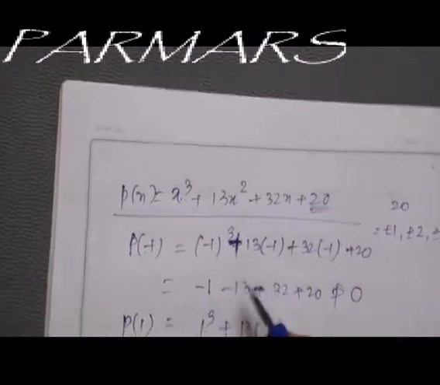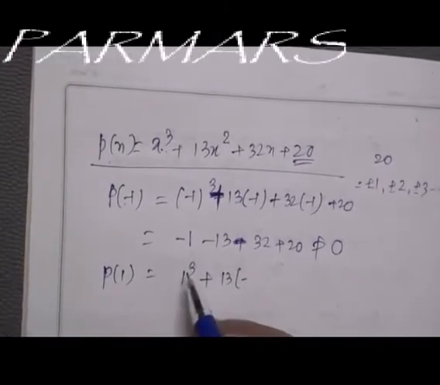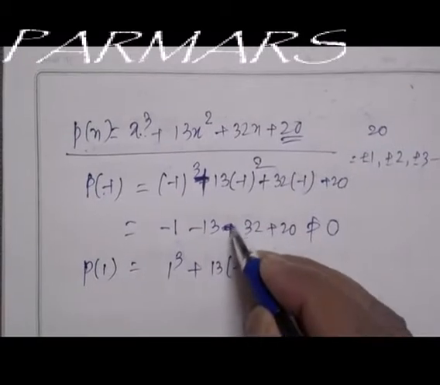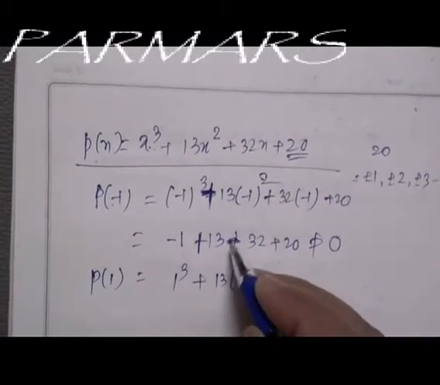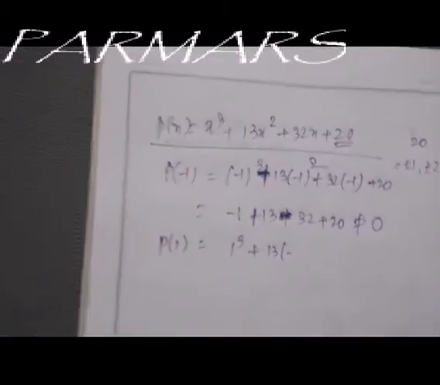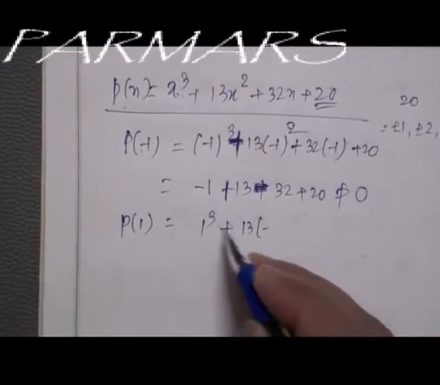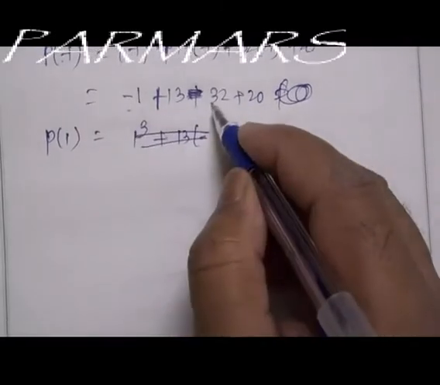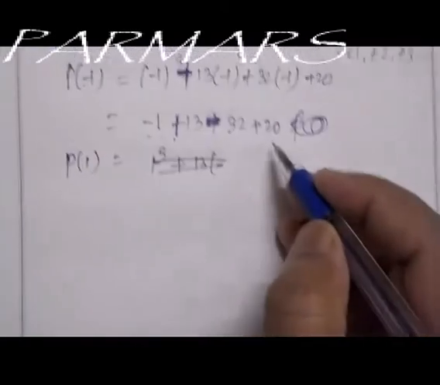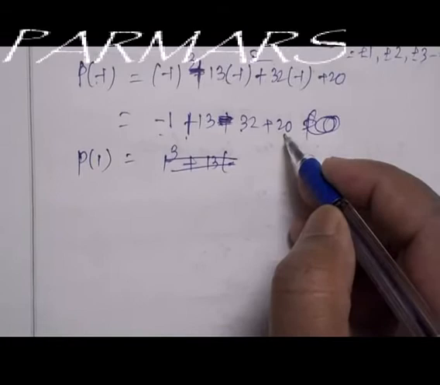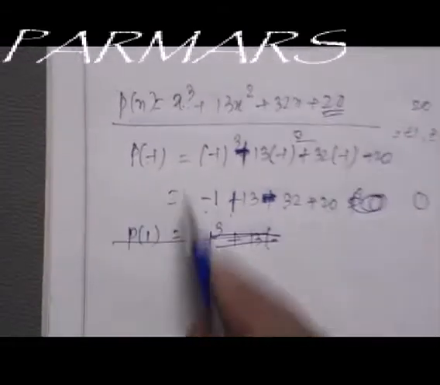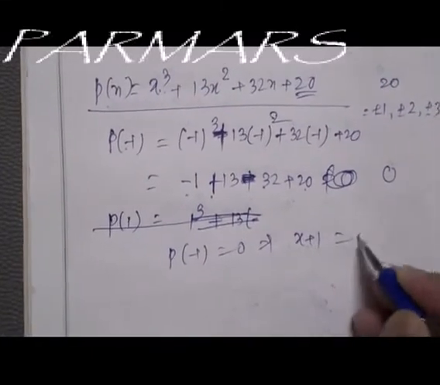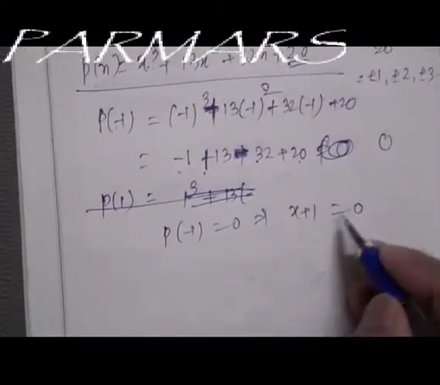Sorry, plus 13. So this becomes x square, this is x square, so this is plus 13. What do we get? It is equal to 0. Minus 1 plus 13 minus 32 plus 20 is 0. So p of minus 1 is 0. Therefore x plus 1 is equal to 0, so x plus 1 is a factor.